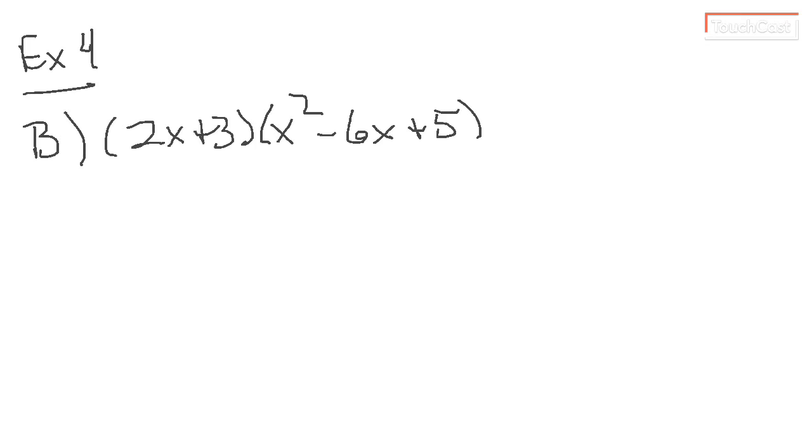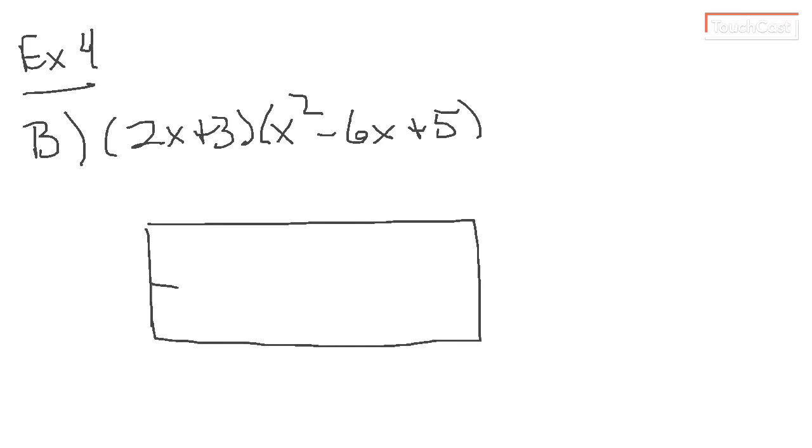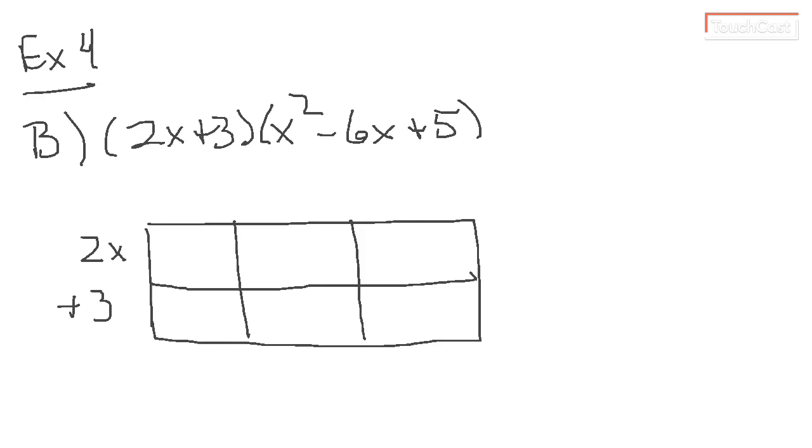Now, what we're going to do is create a table for ourselves, a box of sorts, if you will, where we're going to have 2 rows and then 3 columns. In a way, what we're doing is making our own multiplication table, where our rows are going to be the binomial 2x plus 3, and then our columns will be represented by x squared minus 6x plus 5. And then we're just going to multiply.